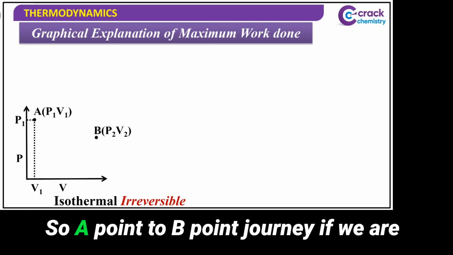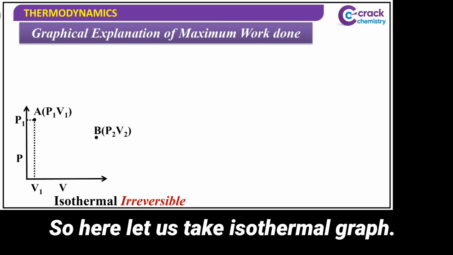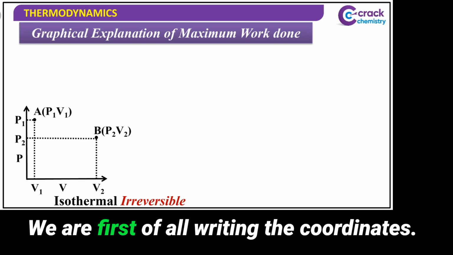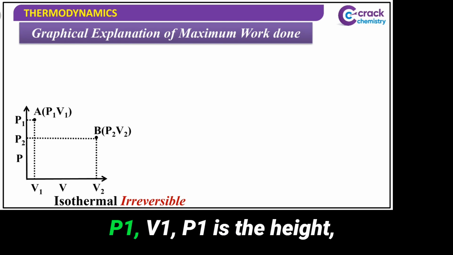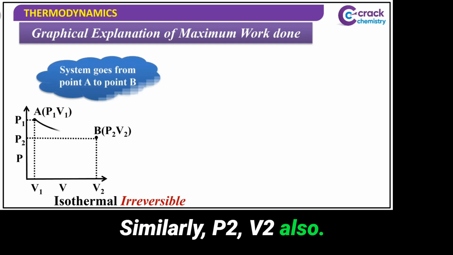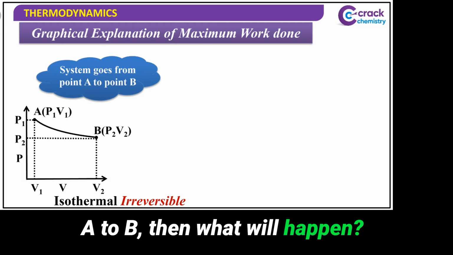So the journey from point A to point B. If we are going through different processes, then different graphs would be found. So here let us take the isothermal graph. For the A to B journey, we first of all write the coordinates P1, V1. P1 is the height, V1 is the x-axis distance. Similarly P2, V2 also. And if the system is going from A to B, then what will happen?